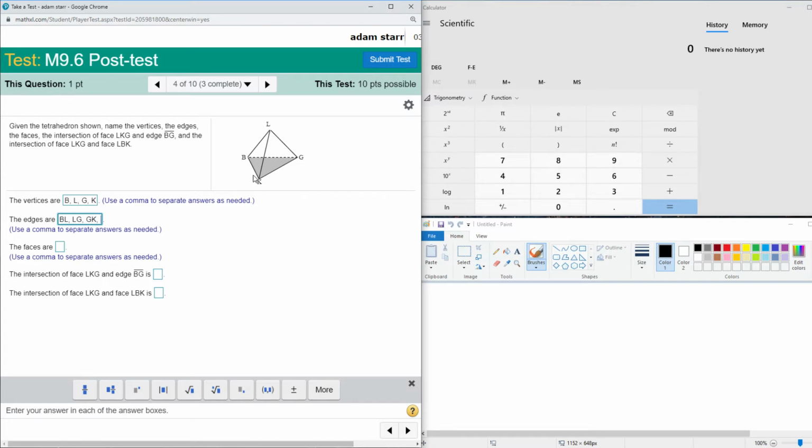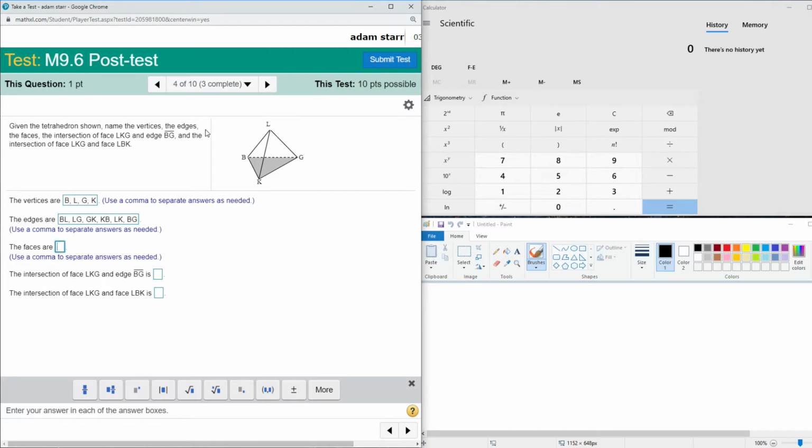And then I have KB. That kind of goes around: BL, LG, GK, KB. Then I also have this edge here, LK. And I have this edge here, BG. So there should be 1, 2, 3, 4, 5, 6. There should be 6 edges in total.